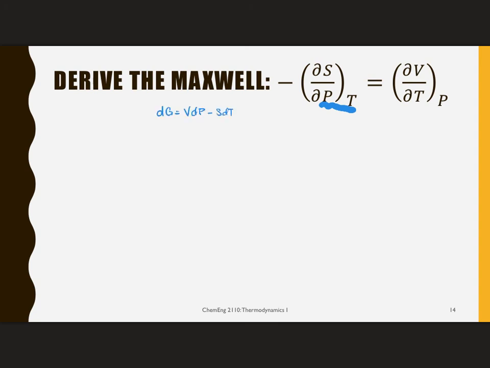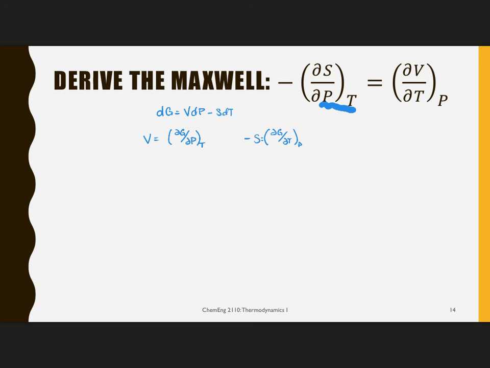The fundamental relation that we just derived says that dG is equal to V dP minus S dT. And from this, we know that V is how G changes with pressure at constant temperature, and negative S is how G changes with temperature at constant pressure.